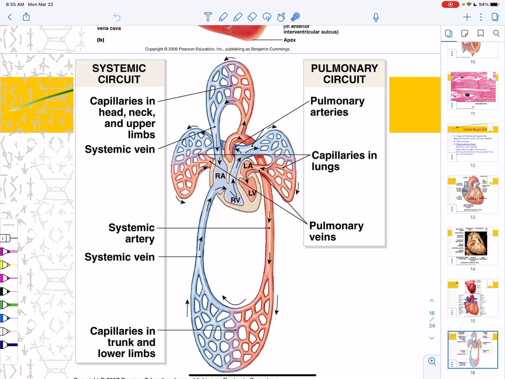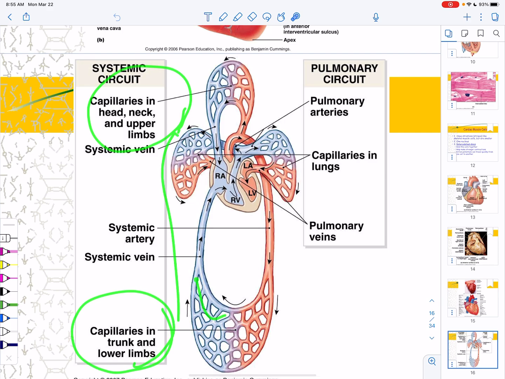And this time it's headed back to the right side. Okay, so going into the right side of the heart, we have the blood coming from the head and upper body and, well, all of the body.